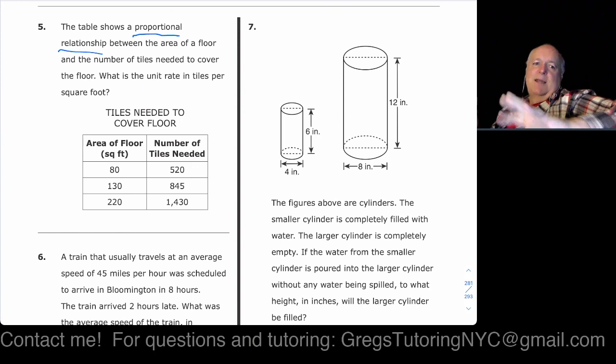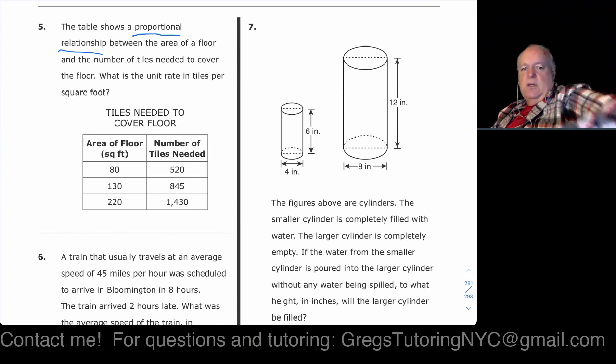So it's not like I'm spending 10 hours on the illustration. I'm just going to glance at it, try to grok what I can from it, and then let the words confirm that for me. The table shows a proportional relationship between the area of a floor and the number of tiles needed to cover the floor. And I just said I was going to look at the illustration and I went to the words.